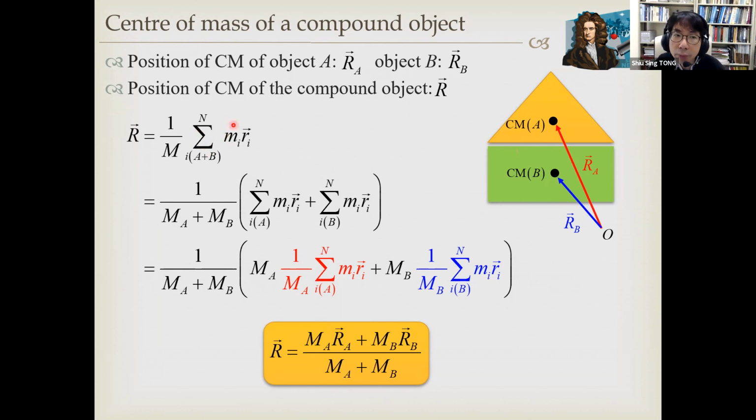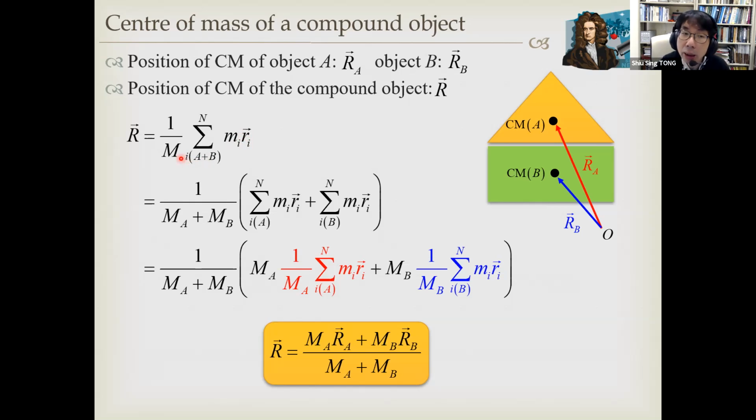First we rewrite the formula for the whole object, including both of these smaller objects. So R is equal to 1 over M, where M is the total mass including both objects, and we form a summation of MiRi. That is the summation we used before.